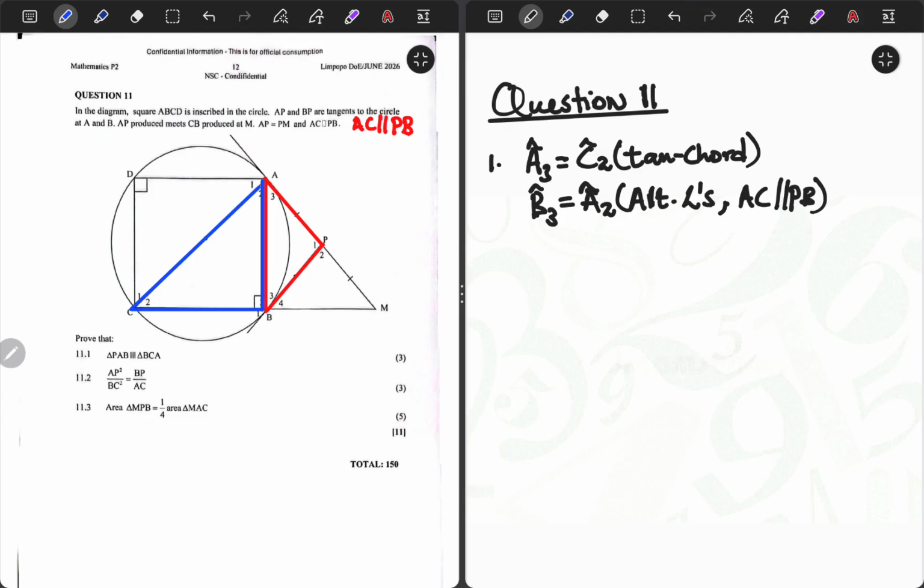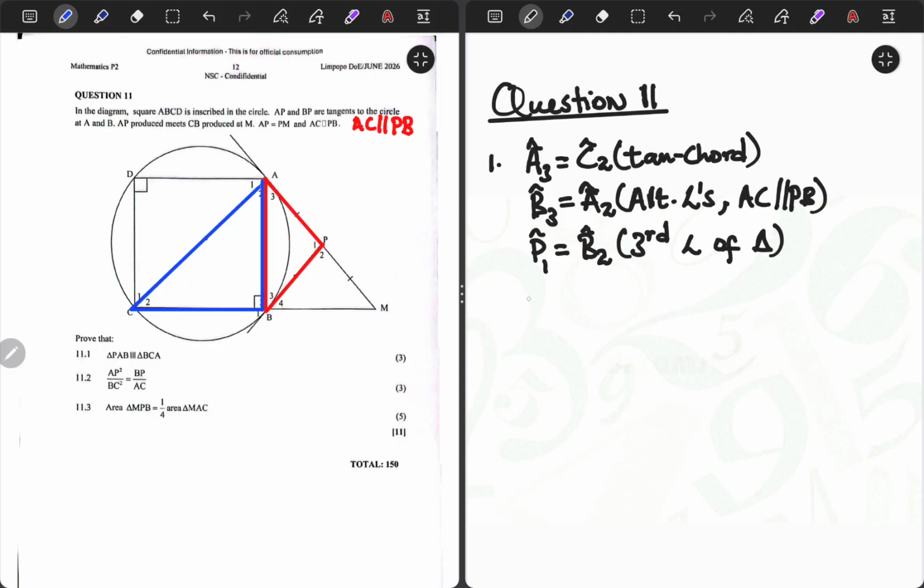And lastly, P1 should be equal to B2, as here we talk about the third angle of a triangle.